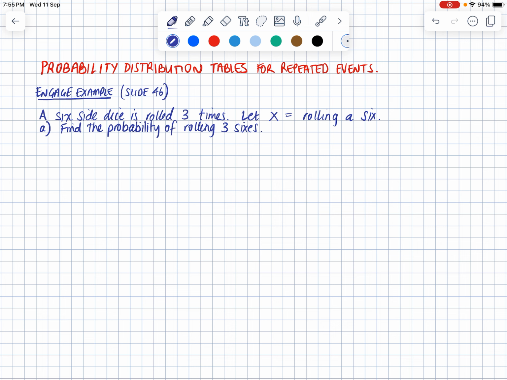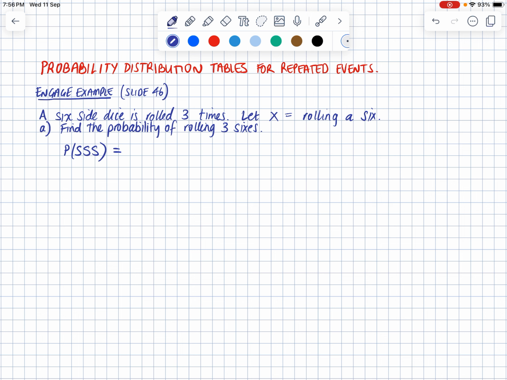And what I want to do in this video though is work even more efficiently than the tree diagram. So we're going to look at some different techniques. But for this problem, let's just start with the basics. If we want to find the probability of rolling 3 6s, that's pretty straightforward. We can get a 6, and then another 6, and another.